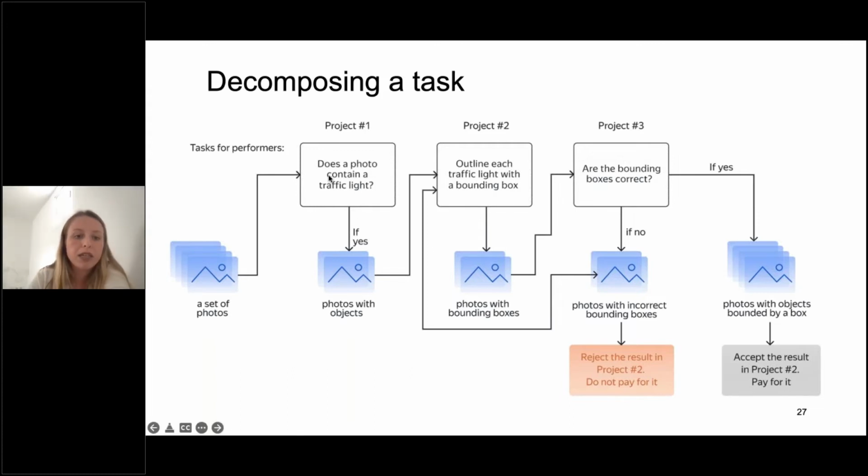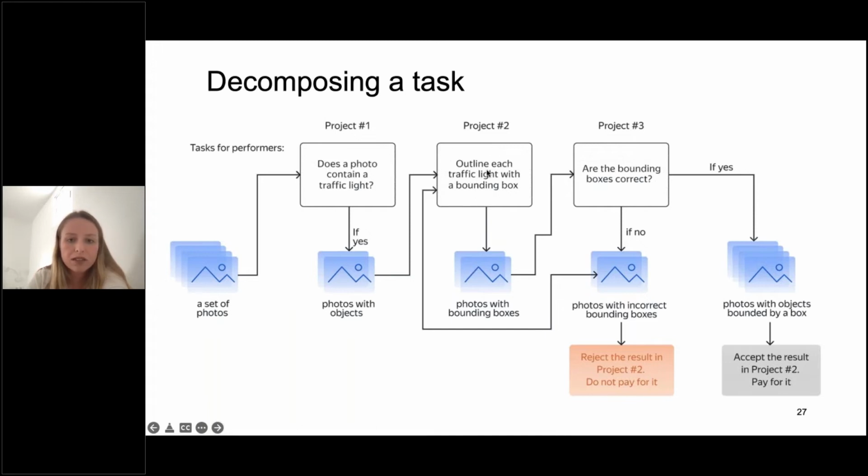In the first one, we take all the pictures that exist and we ask a performer to label if a photo contains a traffic light. We only send pictures that contain traffic lights to a second project where we ask to actually do the labeling of the bounding boxes.